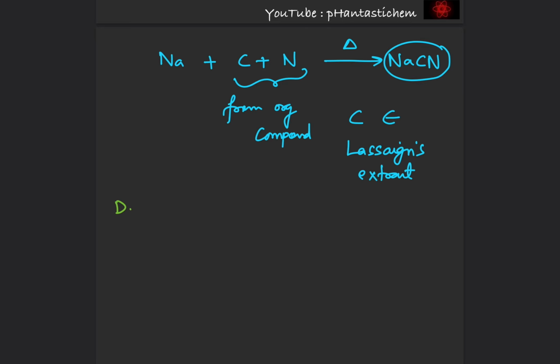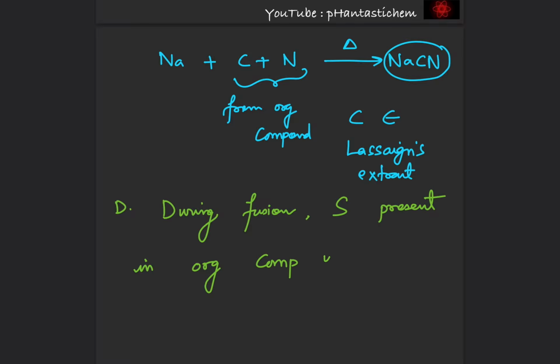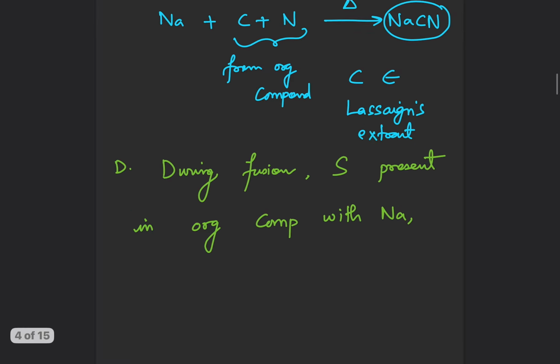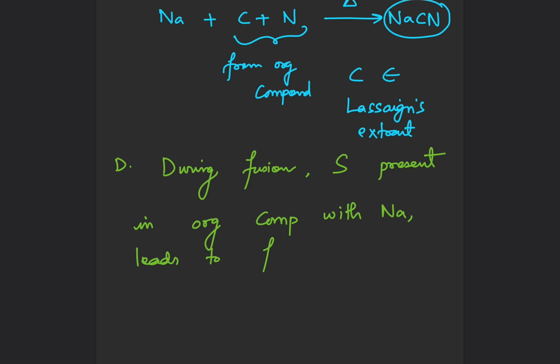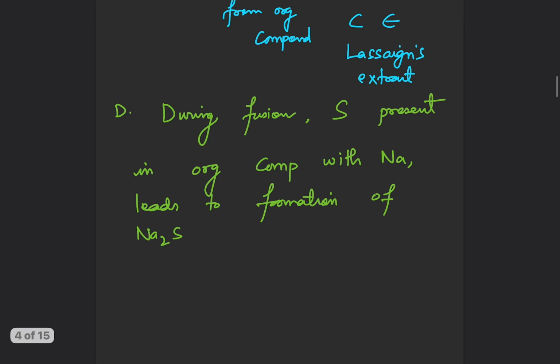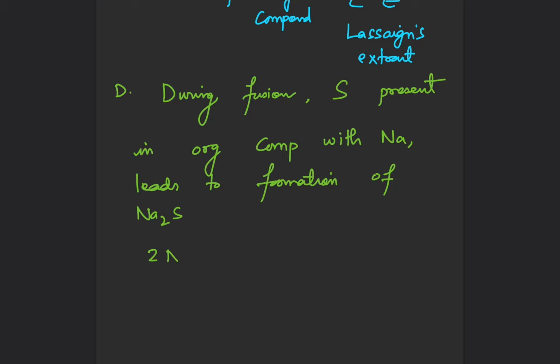During fusion, if there is any sulfur present in the organic compound, with sodium metal it leads to the formation of sodium sulfide upon fusion. With respect to the reaction, we can write it in this manner: 2Na plus S undergoes fusion in the presence of heat, and we will get Na2S.